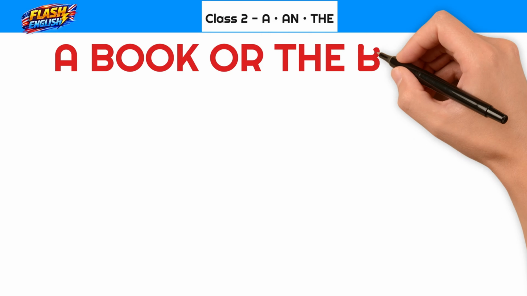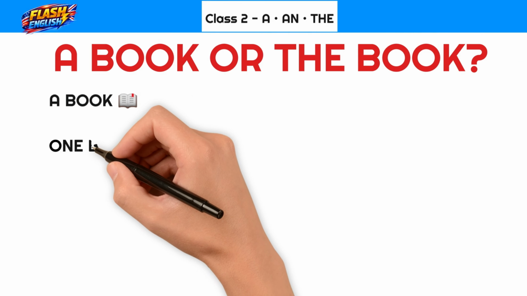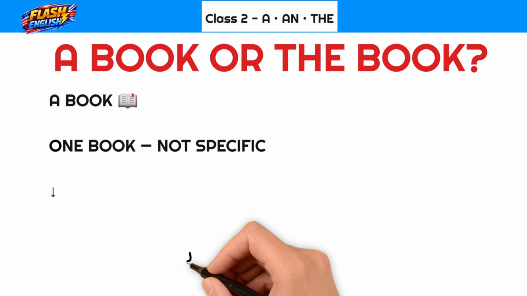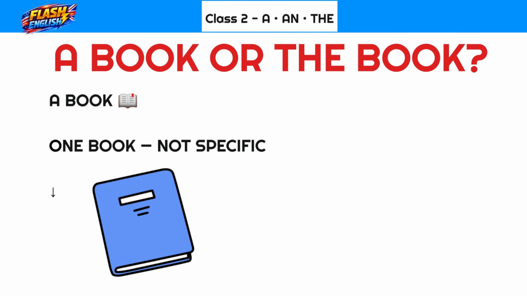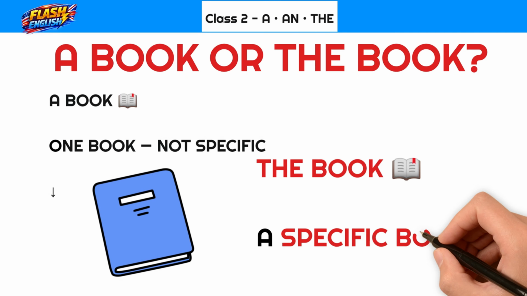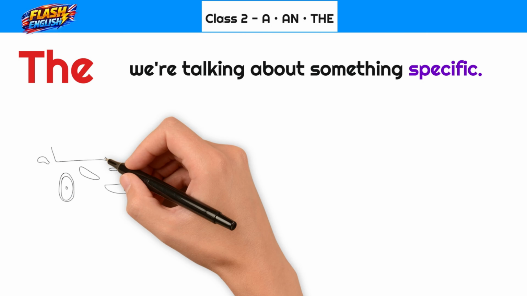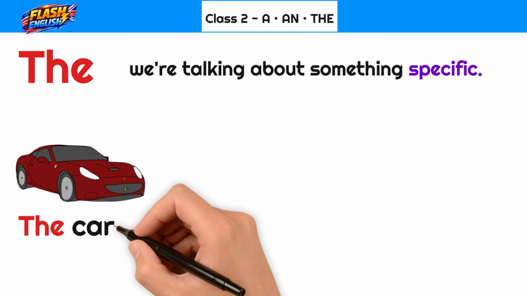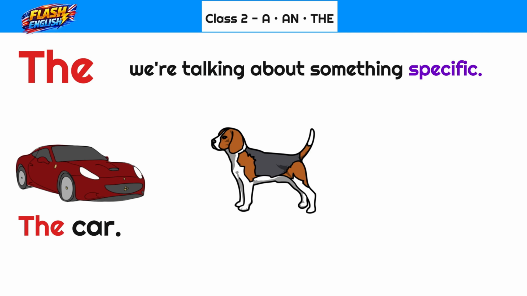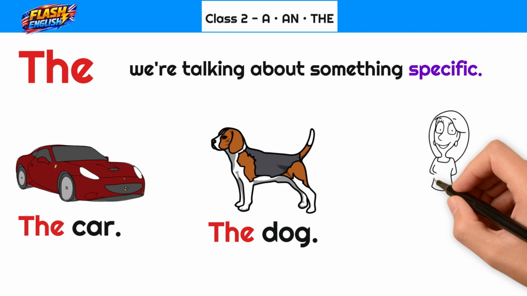A book means one book, but we don't know which book. The book means a specific book. We know which book we're talking about. Let's see some more examples. The car. The dog. The teacher. In each example, we're talking about something specific.